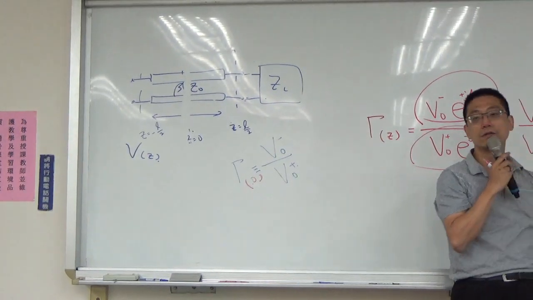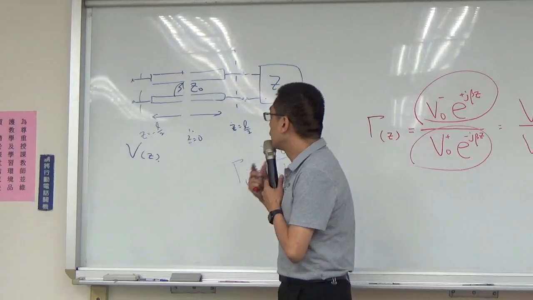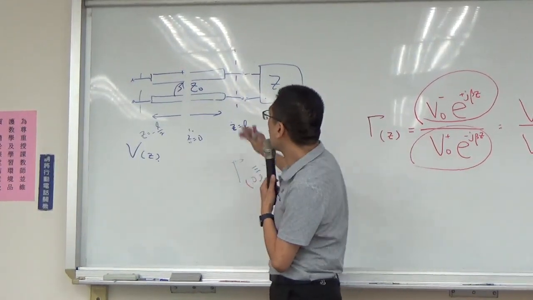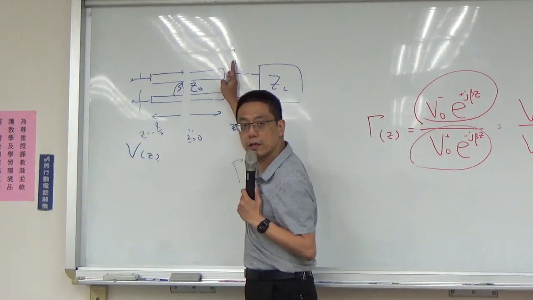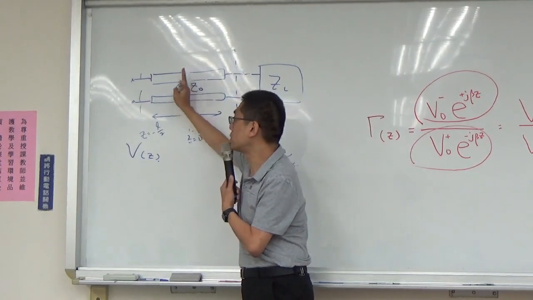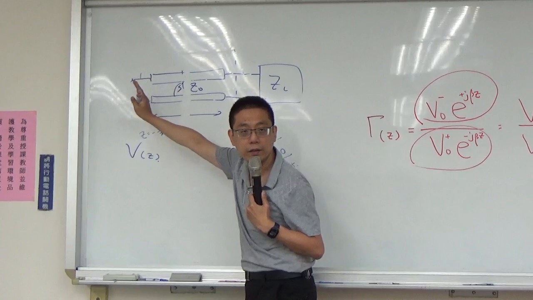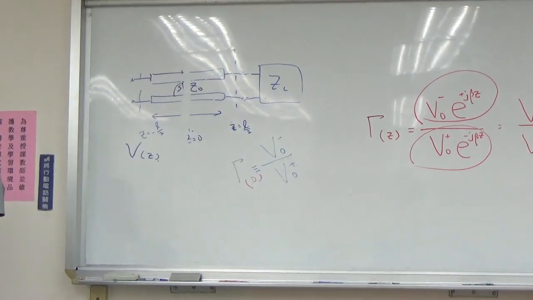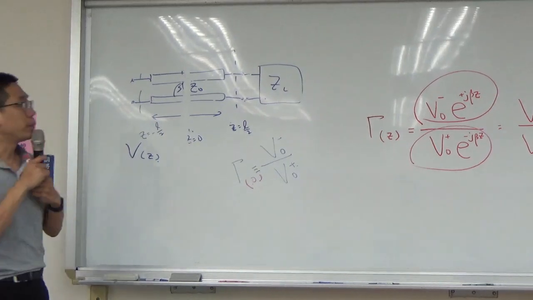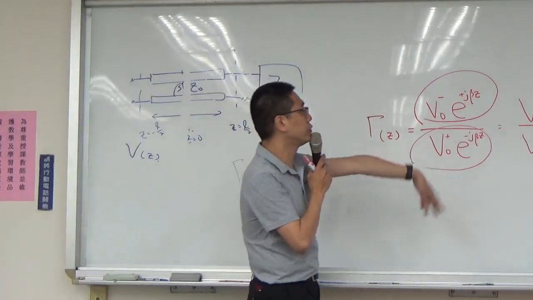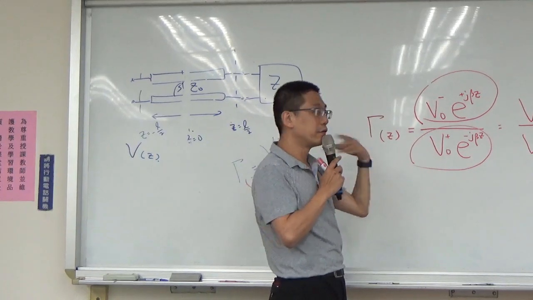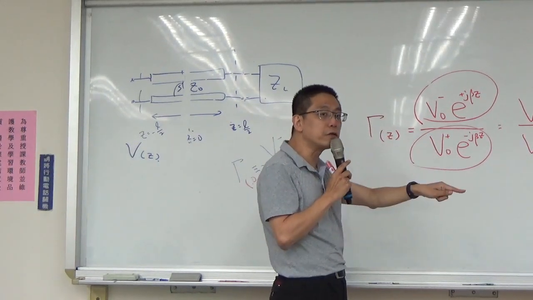So what you observe is that gamma is a function of position, and gamma has direction. Because I told you this one is reversed, this one is forwarding.